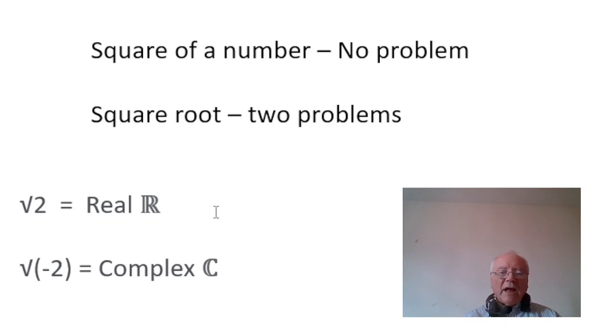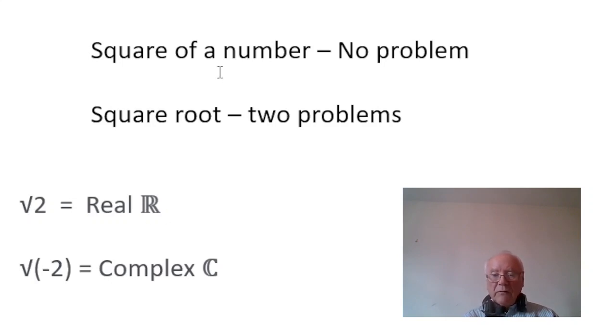So if you have a line from 0 to 1, for example, then any point on that line will be on the reals. It may be on the Z's at each end, and there may be numbers in there which are on the Q, but all the numbers there will be on the R, and the square root of 2 is one of them.